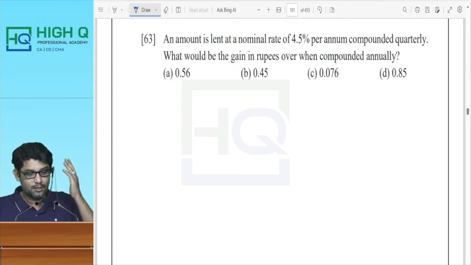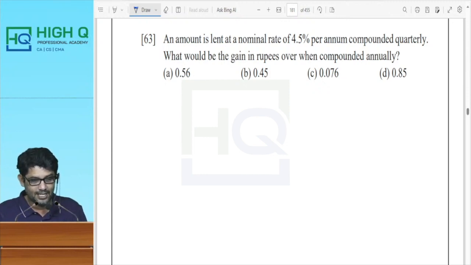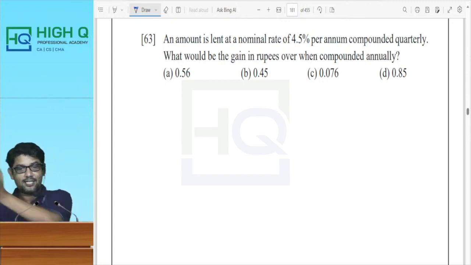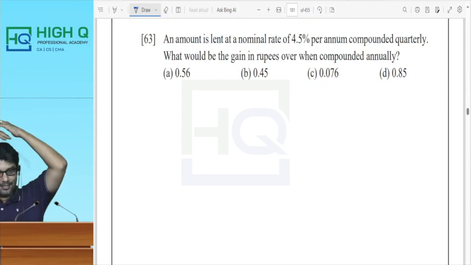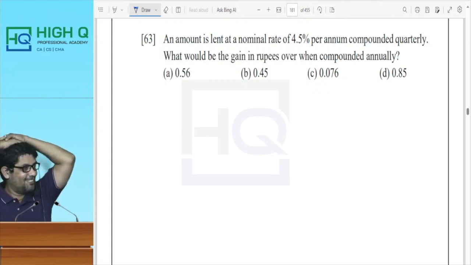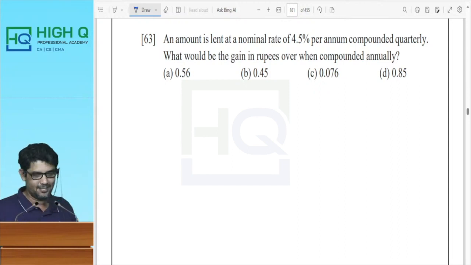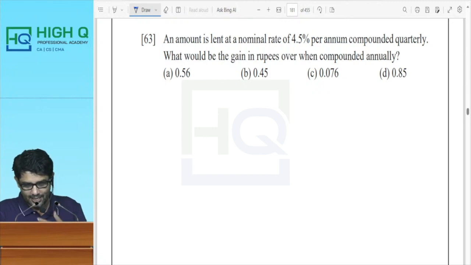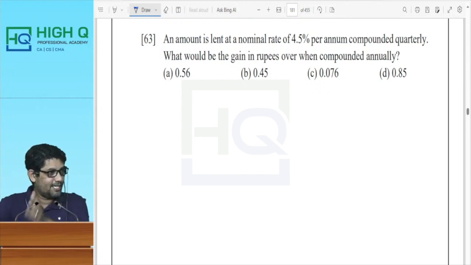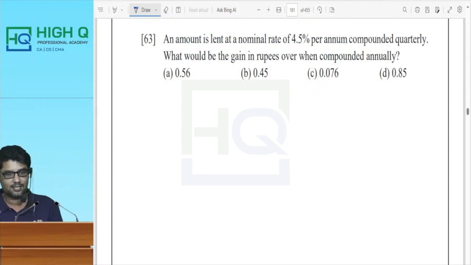Now Innovate started giving me B, B, B. Why? What happened to you? Now this side started giving me C, C, C. Arey yaar, I'm confused. Now this side is C. Arey yaar, what is this?